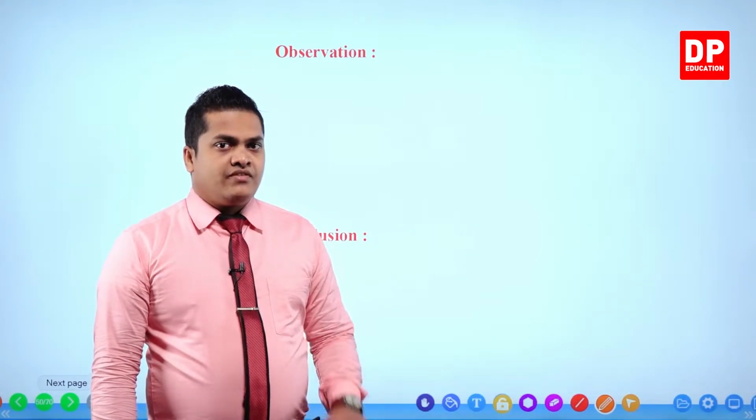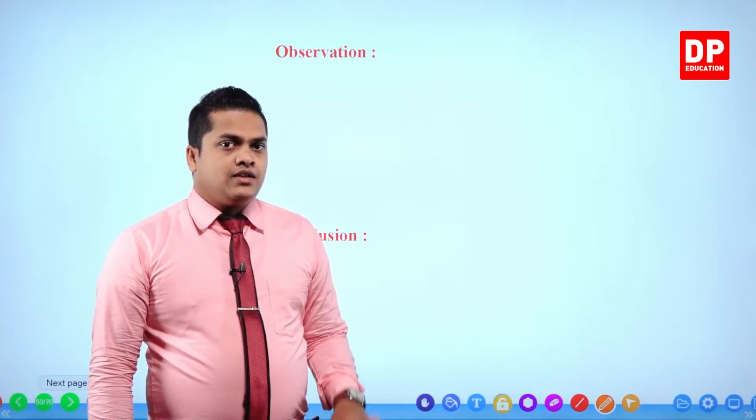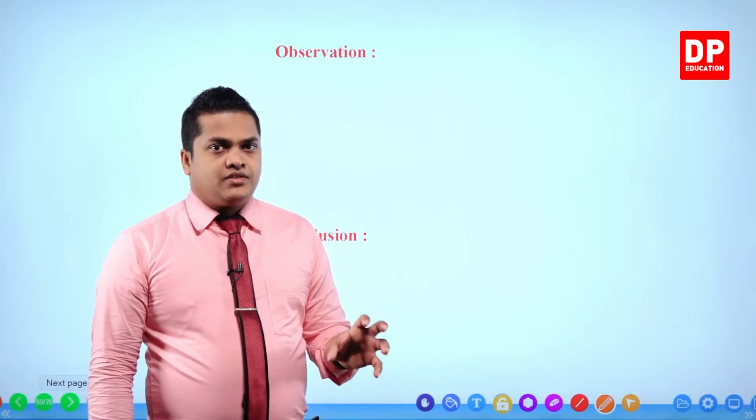So this is our first observation. When I expose it to the light in my environment, the reading of the milliammeter or ammeter increases and the brightness of the bulb also increases. Okay, so it's really simple.